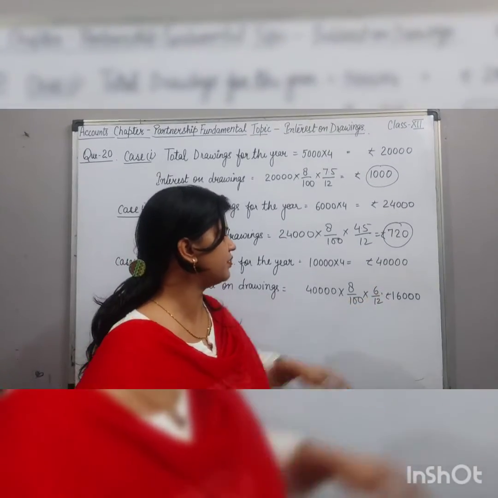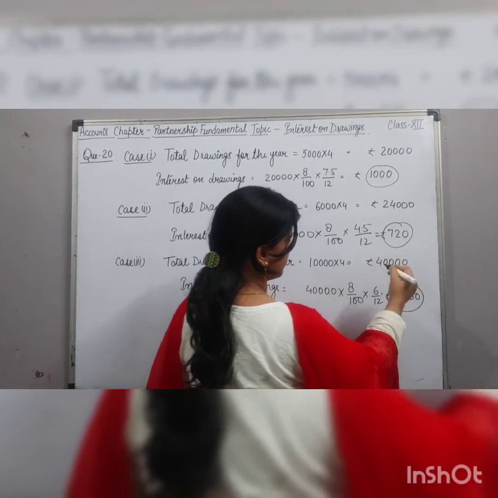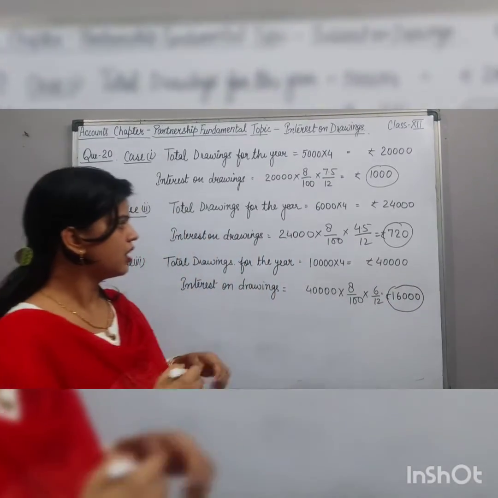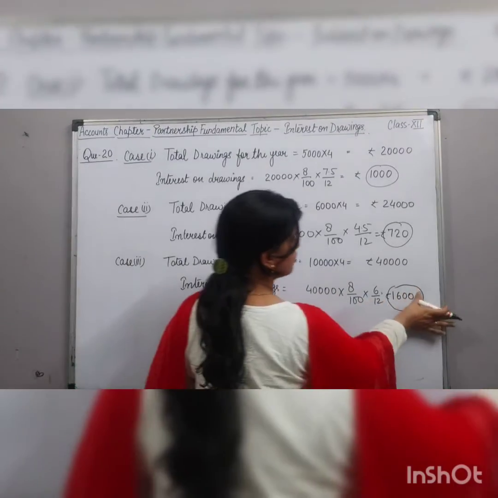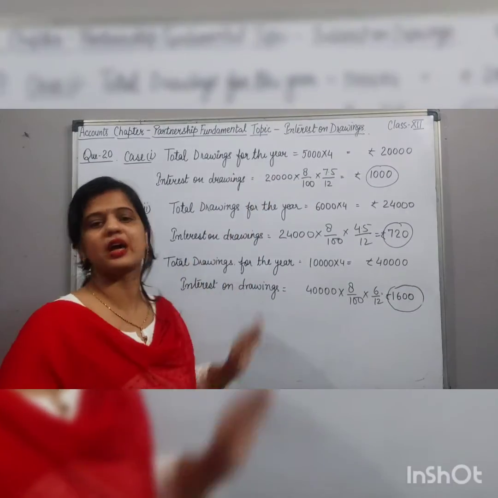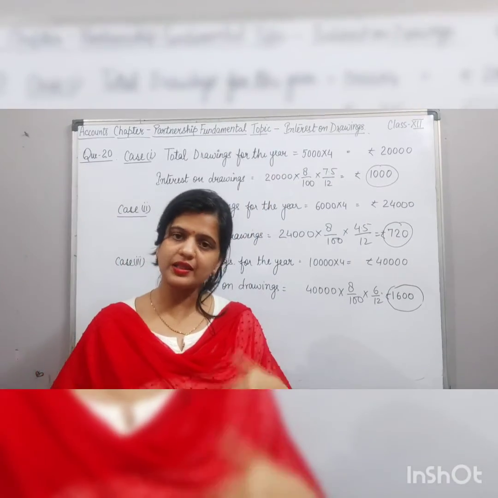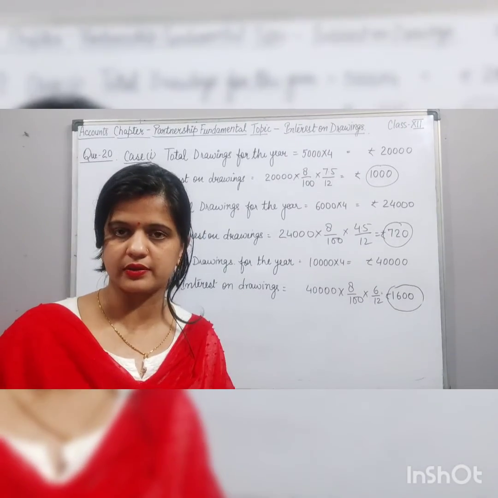So we get 1,600. In this way, we calculate the interest on drawing when the amount is withdrawn according to the pattern of quarters.